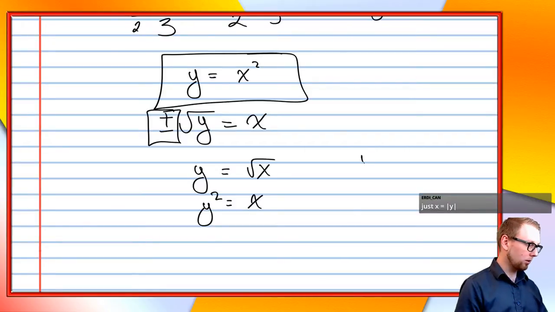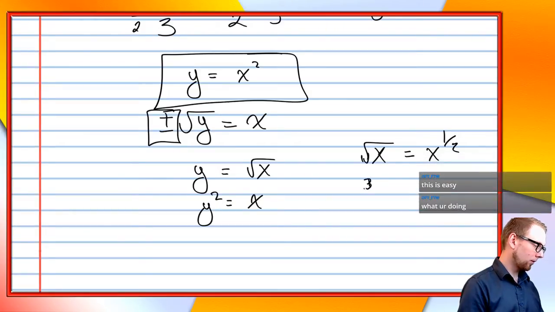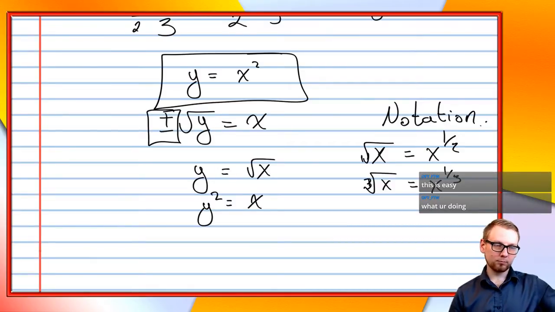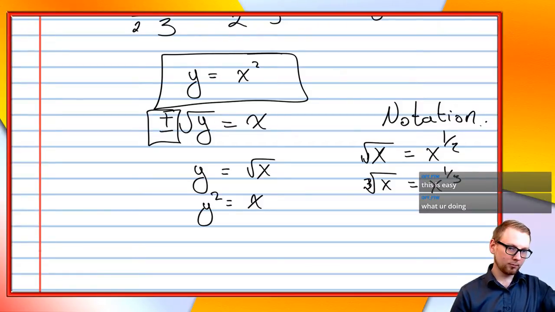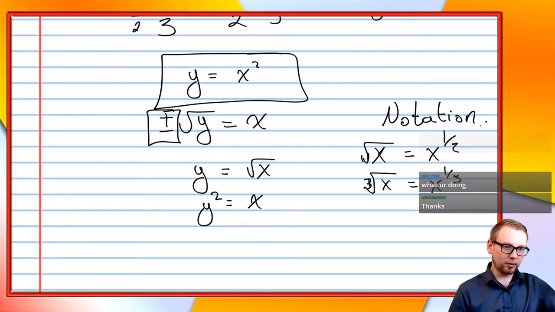Otherwise, notation-wise, square root of x is just x to the 1/2, or the cubed root of x is just x to the 1/3 for notation purposes. It's about describing what happens when you do certain operations.